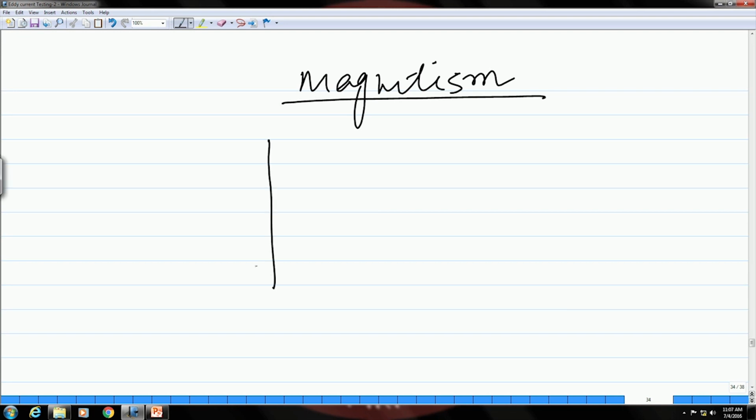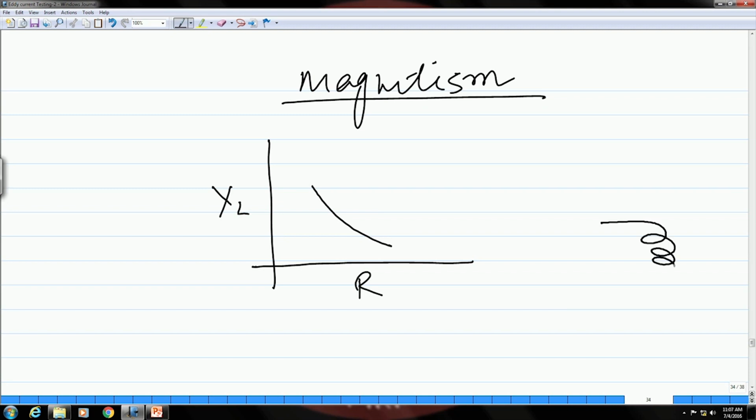So, we come back to this lift off curve. We have also seen that the magnetic field due to the eddy currents is opposed to the primary magnetic field, and that is why the reactance component in this case comes down.